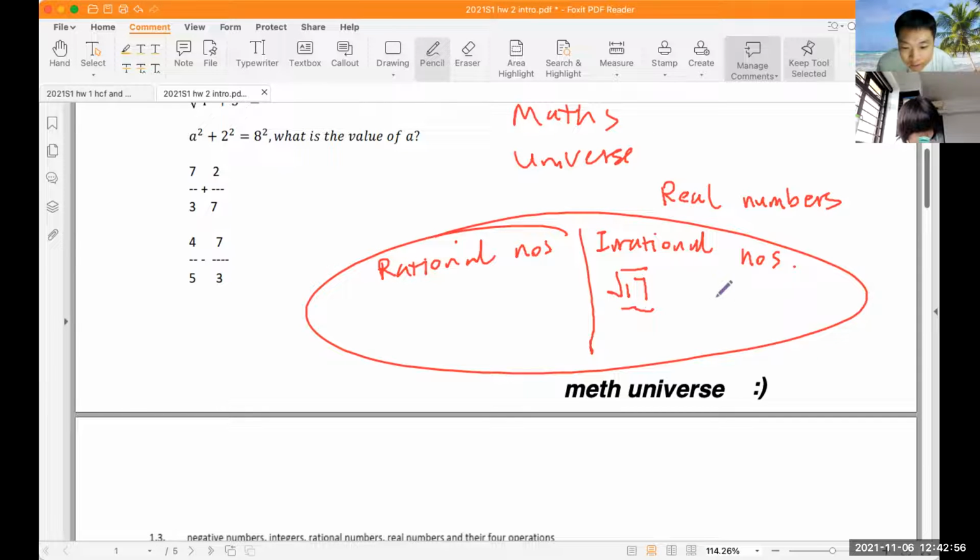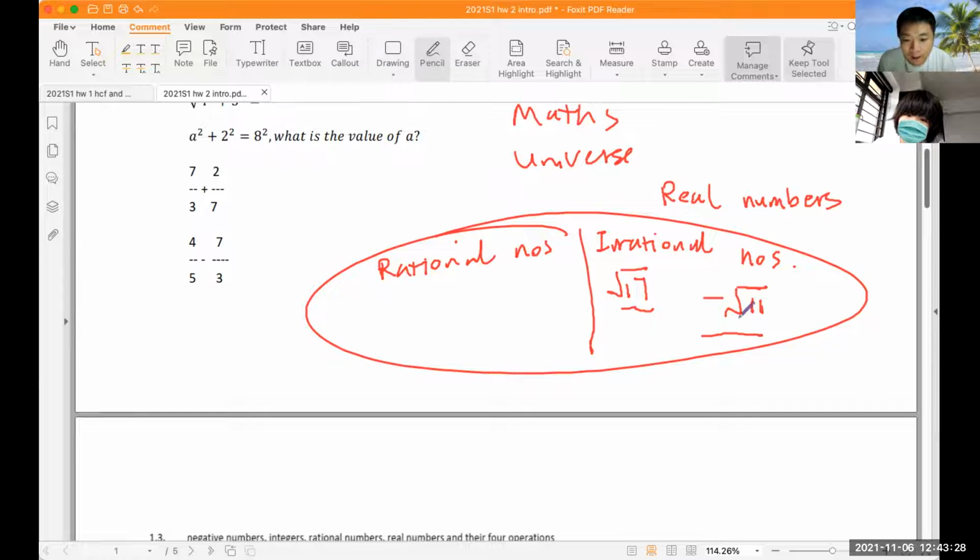You can test another one, negative square root 11. You will get negative 3.31662479. In fact, the capability of your calculator is 9 digits, so you need to be aware of that. Your calculator cannot give you more than 9 digits.